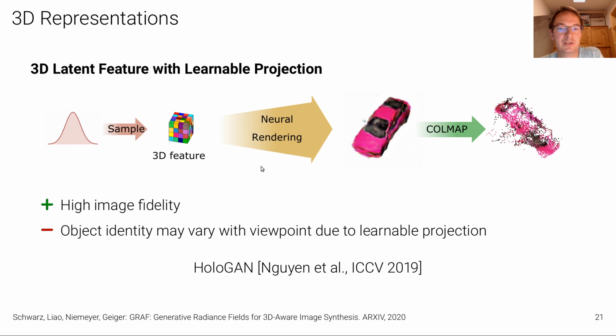So there are some 3D and some 2D convolutional layers after posing the 3D feature cube, which allows for changing not only the appearance but also the object shape or the viewpoint. This leads to a sort of entangled representation, in particular for extreme viewpoint changes, as also evidenced by our 3D reconstruction result. What we did here is we generated multiple images of the same object from different viewpoints and tried to reconstruct this back using a state-of-the-art 3D reconstruction pipeline. You can see that the reconstruction looks very noisy.